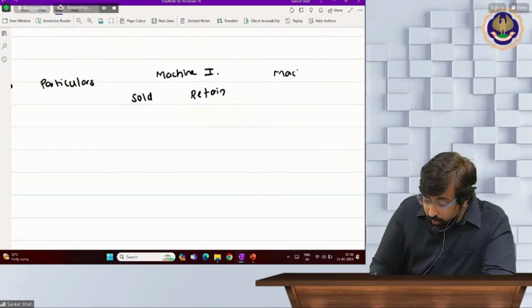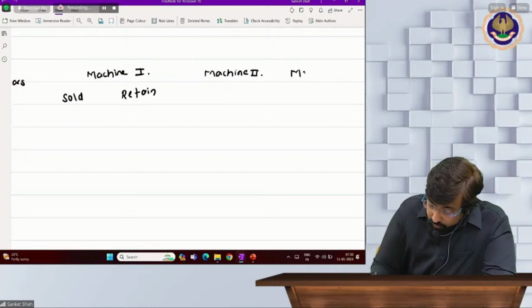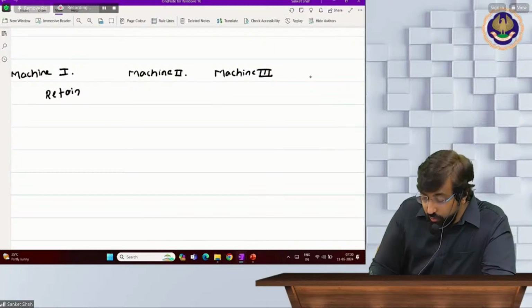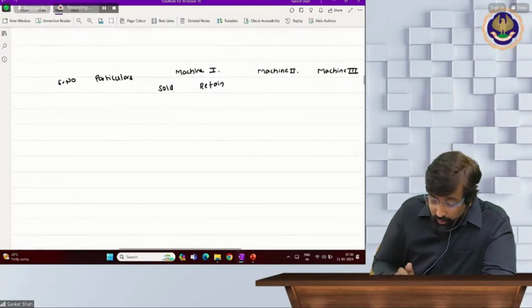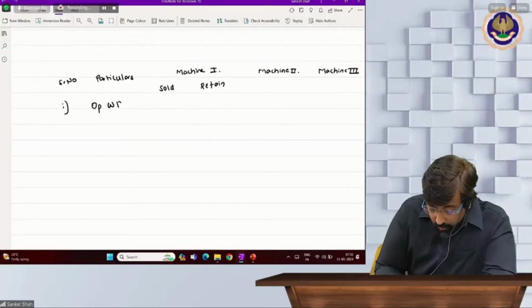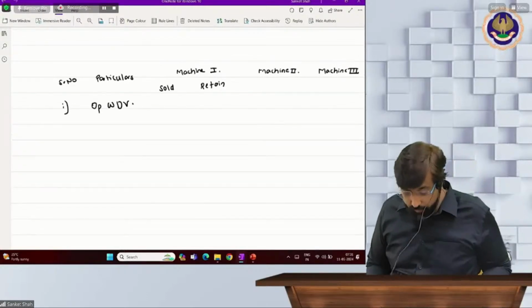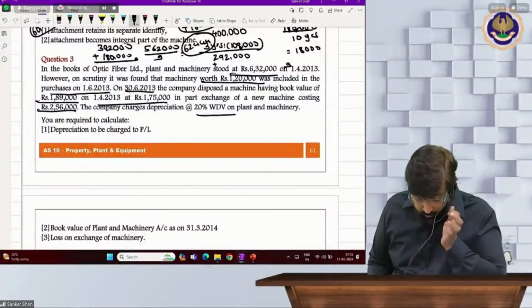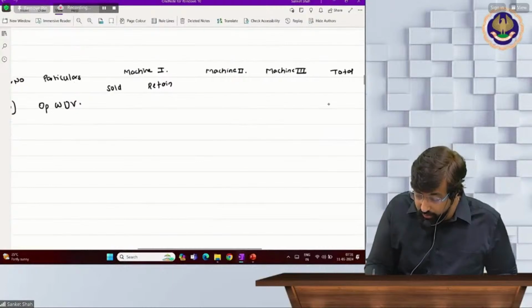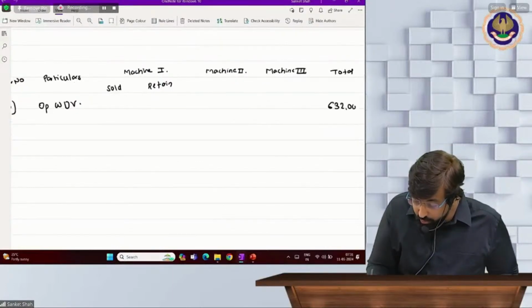Machine 2, you bought a new machine, and you have new machine number 3. So total you have 3 machines, correct? Number 1, opening WDV. Now what is the opening WDV? 6,32,000. But we will have a breakup of 6,32,000 because some part we are going to sell.